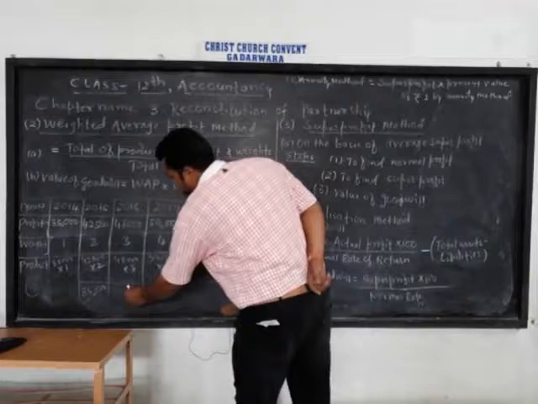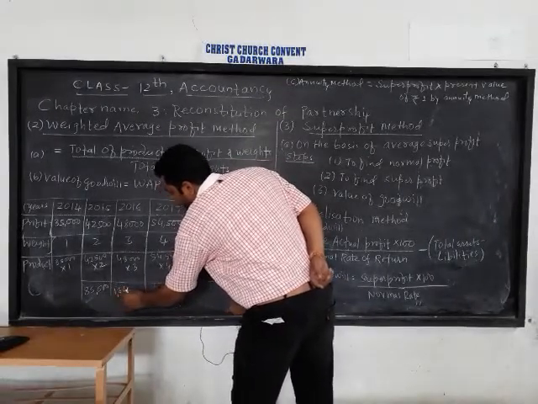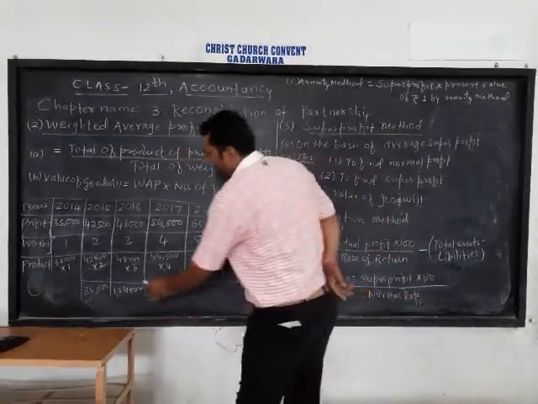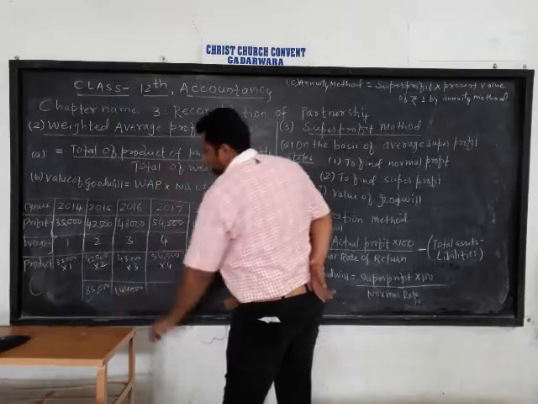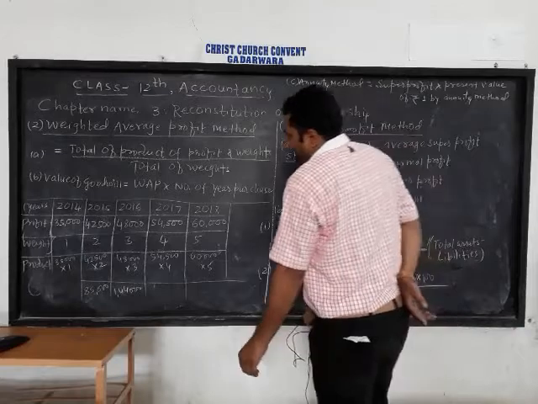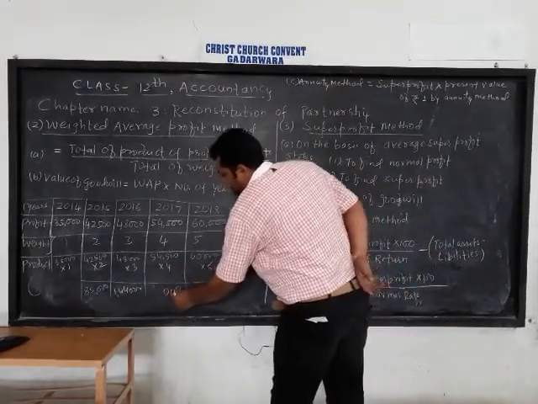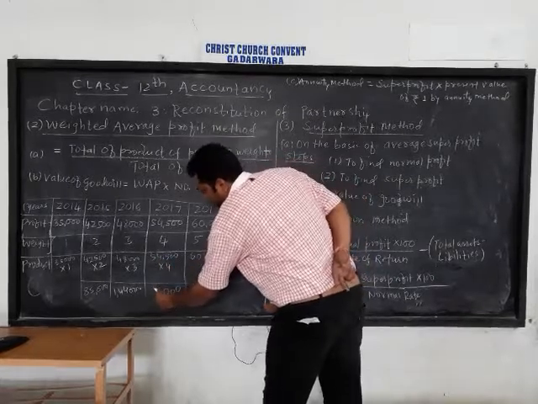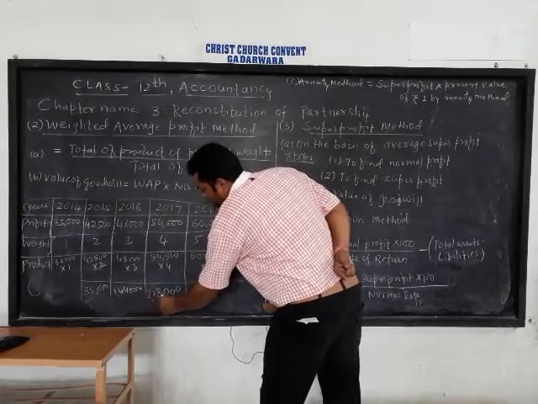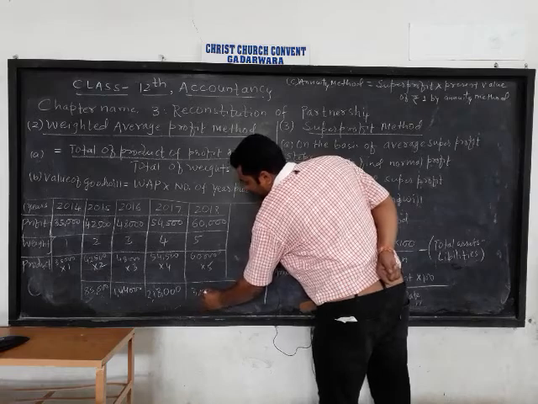It comes to 1,34,000. Sorry, 144. 4 5s are 20, 2, 16, 17, 18, 1, 4 5s are 20 or 1, 21. 2,18,000, 6 5s are 30, 3 lakh.